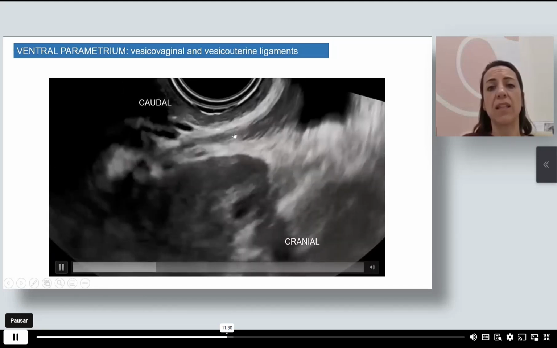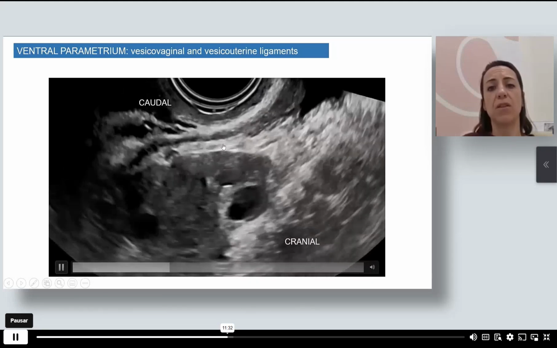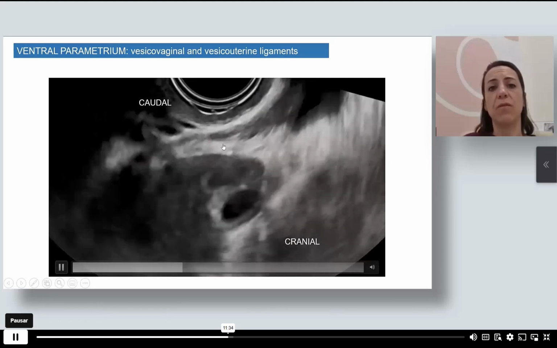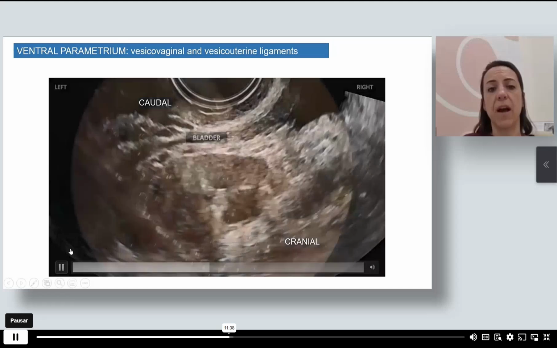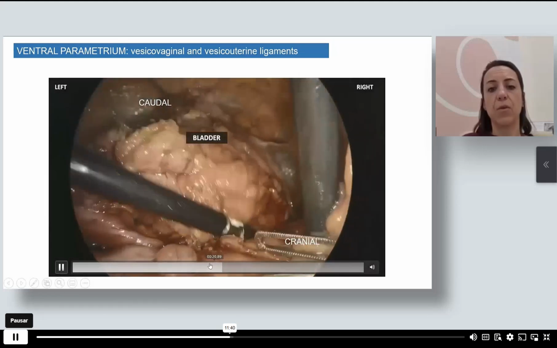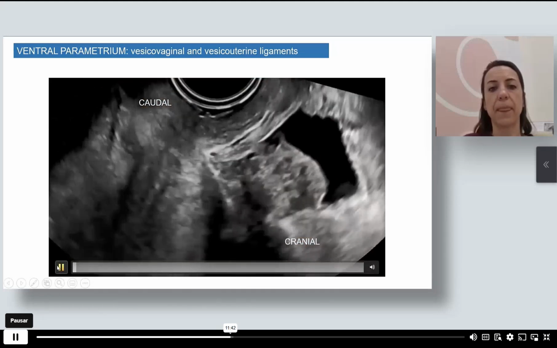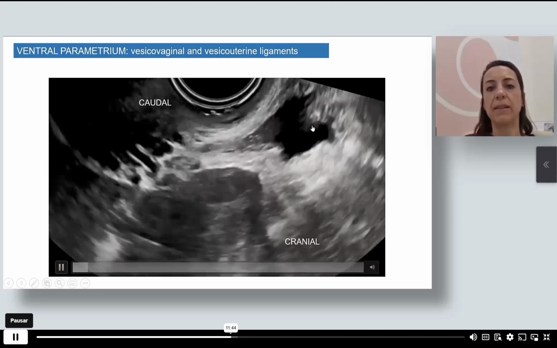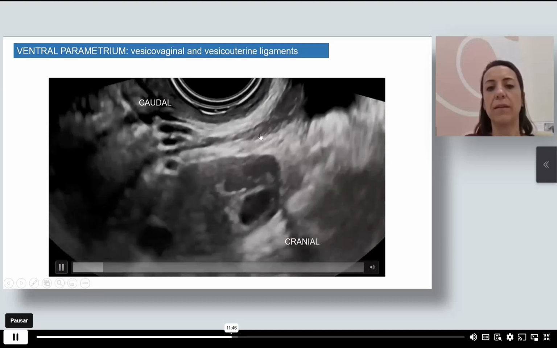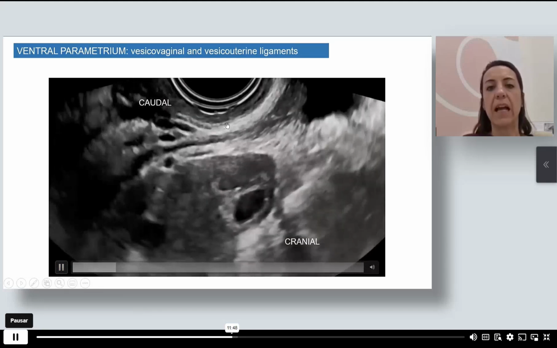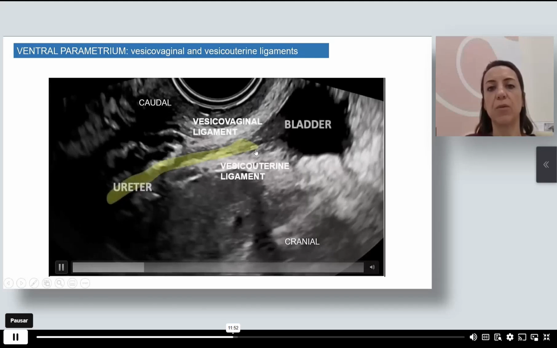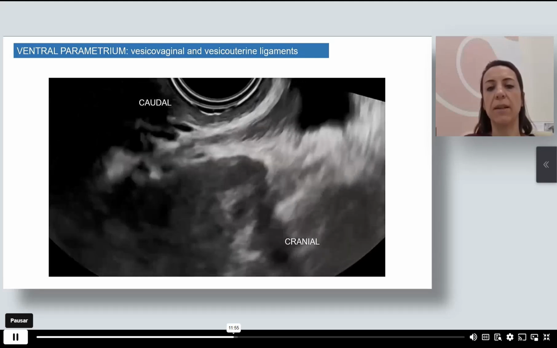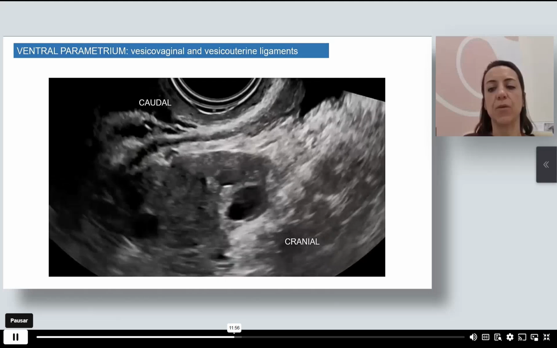We can visualize this hyperechoic tissue corresponding to the vesico-vaginal and the vesico-uterine ligament. I would like to show you again. So, bladder, ureter, and this is the hyperechoic tissue corresponding to the vesico-vaginal ligament and vesico-uterine ligament.